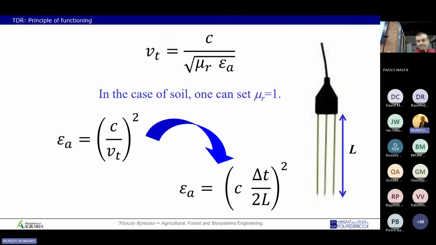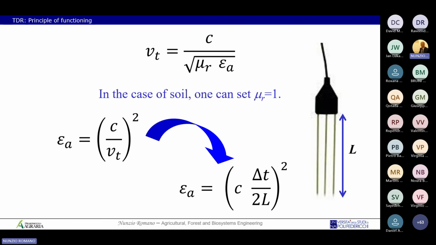In this case the probe has 3 rods, and L is the length of each rod. From the equation of the velocity of the transverse wave, you can compute the apparent electrical permittivity, and then the velocity is just the definition of velocity: the space divided by the time.